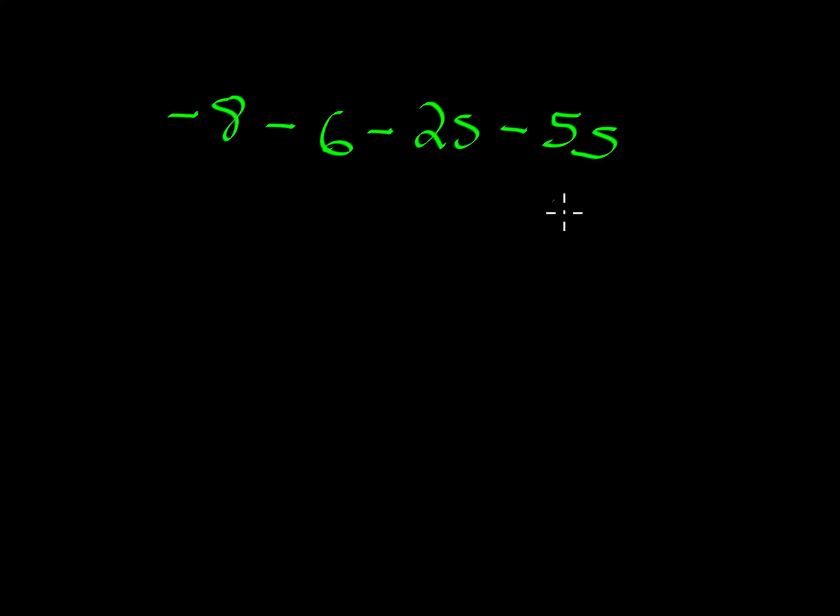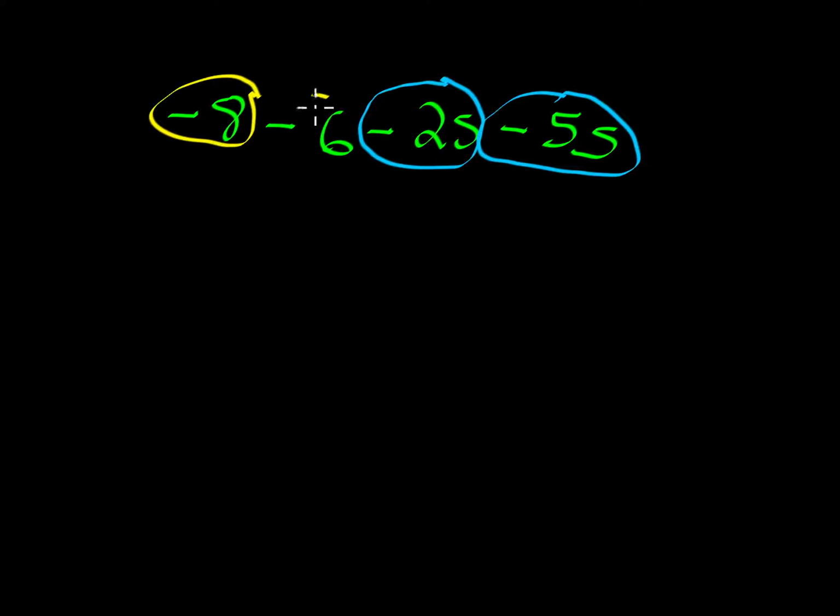Negative 2s and negative 5s are similar because they share the same base or variable, which is s, so we circle them together. And negative 8 and negative 6 are also similar because they're both constants, they don't have a variable, and they're just numbers on their own. So we circle them together.